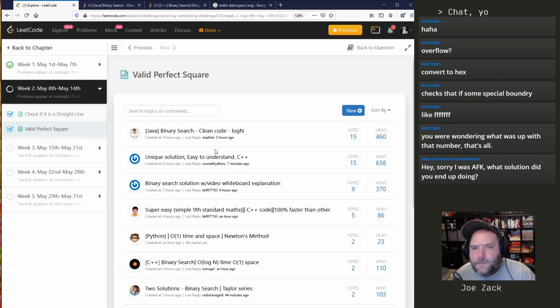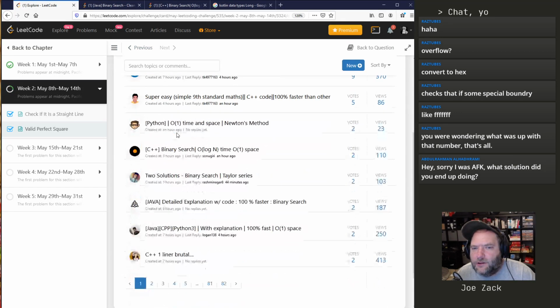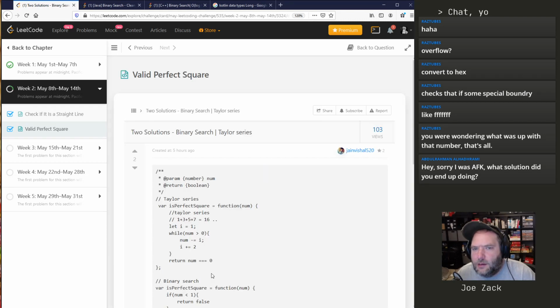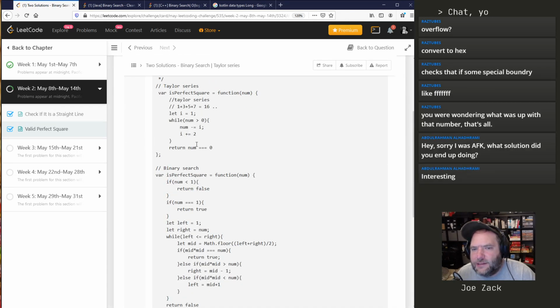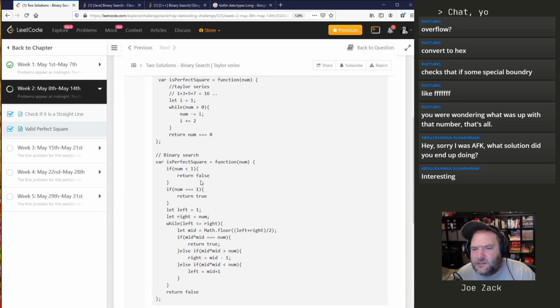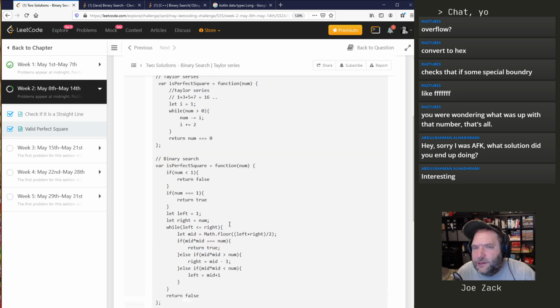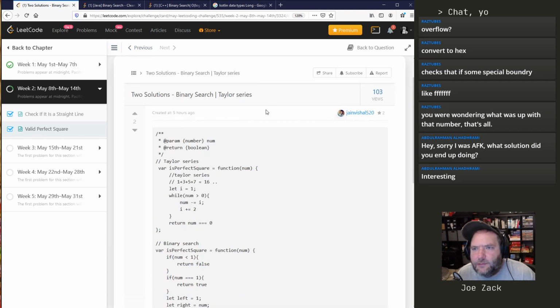Let's try it. Now I was just trying to figure out how other people got around the 32-bit, 64-bit Taylor series. And I did see some people did some weird stuff that I don't understand. This is similar to what I did. So it looks like everyone pretty much solved it the same way.